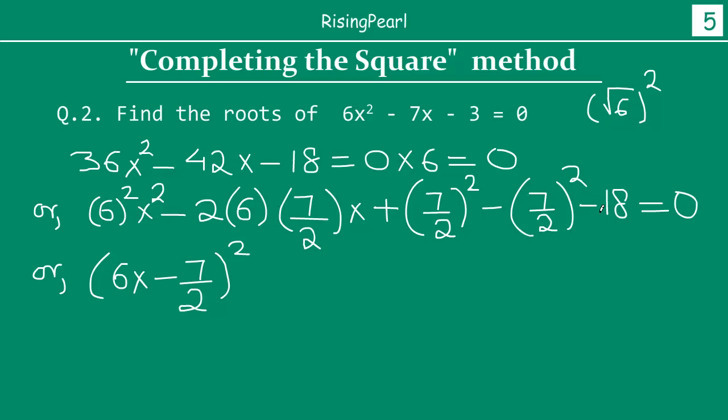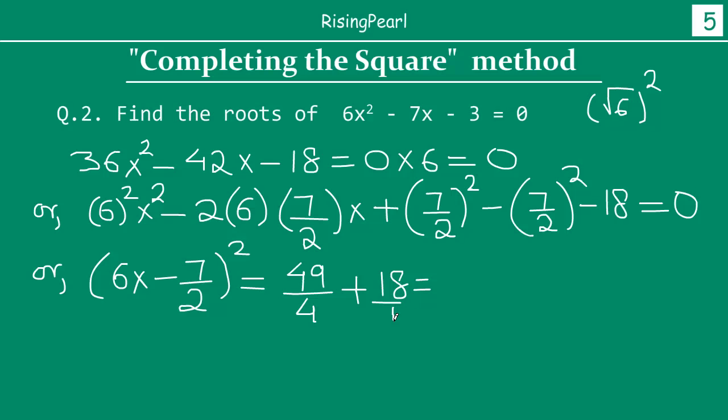Now what do we have here? So we have some minus terms. Let's get them to the other side of the equality sign. So they will become plus. So we will have 7 by 2 whole square, which will be 7 square is 49 and 2 square is 4, plus minus 18 will become plus 18.